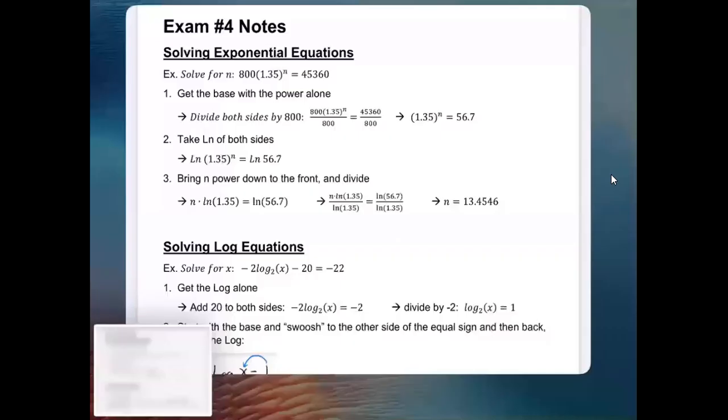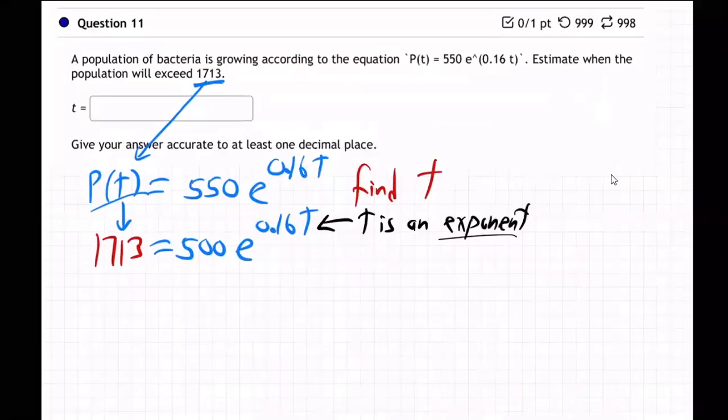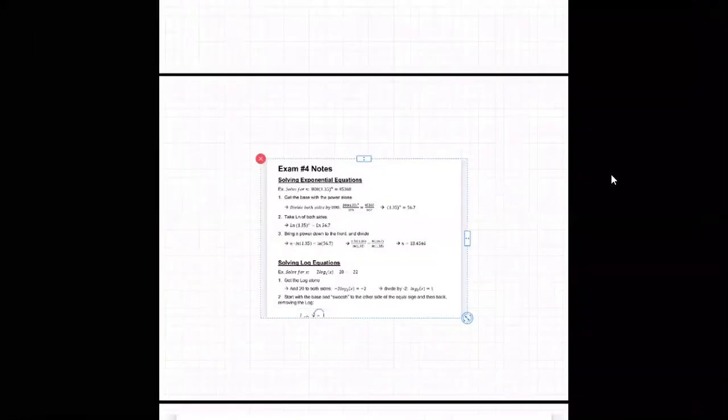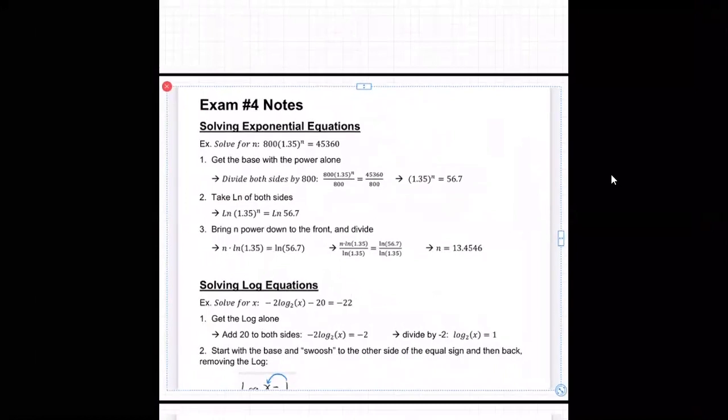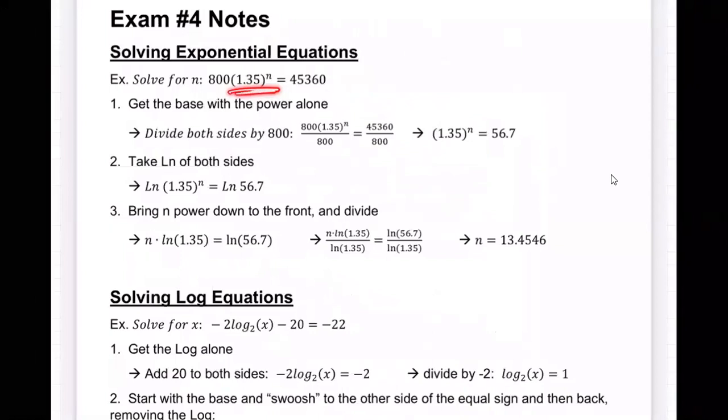Let's bring that over. So solving an exponential. There we go. Okay. So how do you solve when it's up there in the power zone? Well, you got to get the e alone and then ln both sides, then bring the power down and divide.